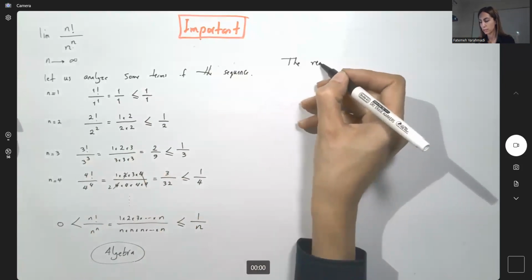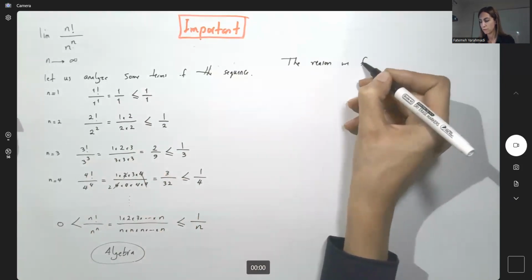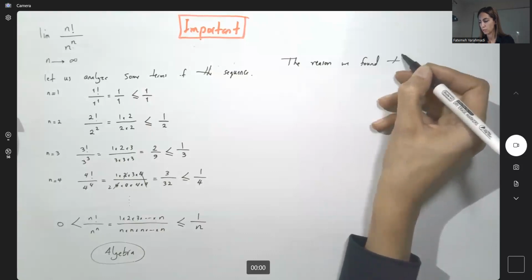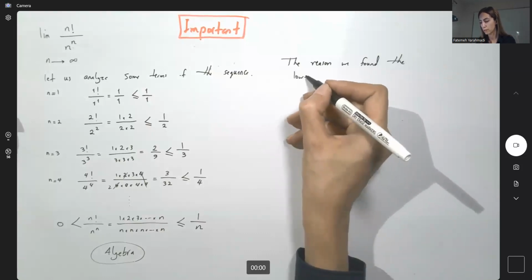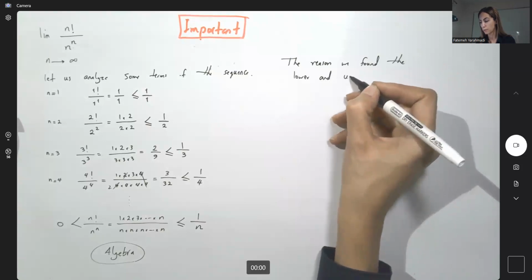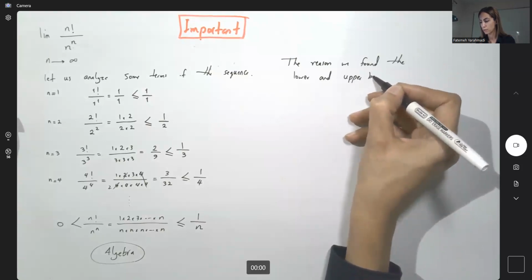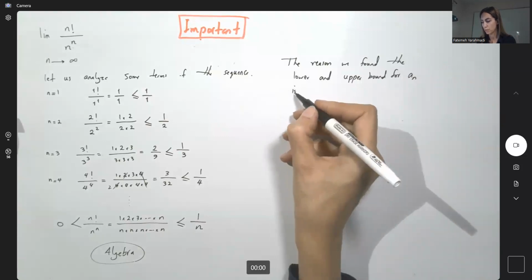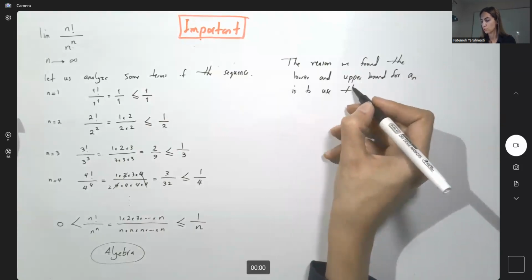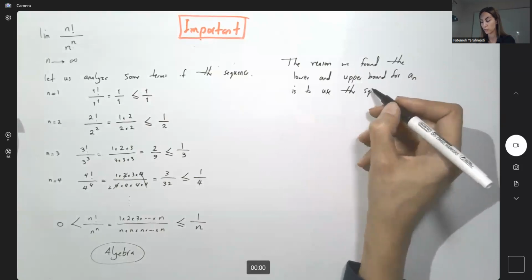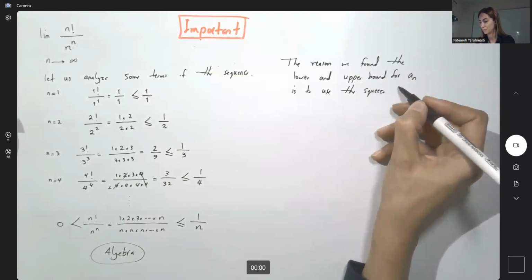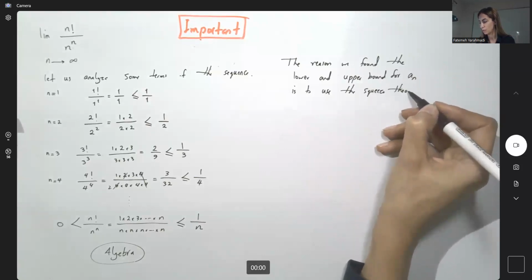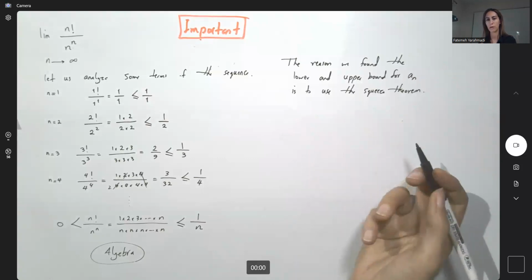The reason we found the lower and upper bound for an is to use the squeeze theorem, or sandwich theorem. So remember that, what was that?